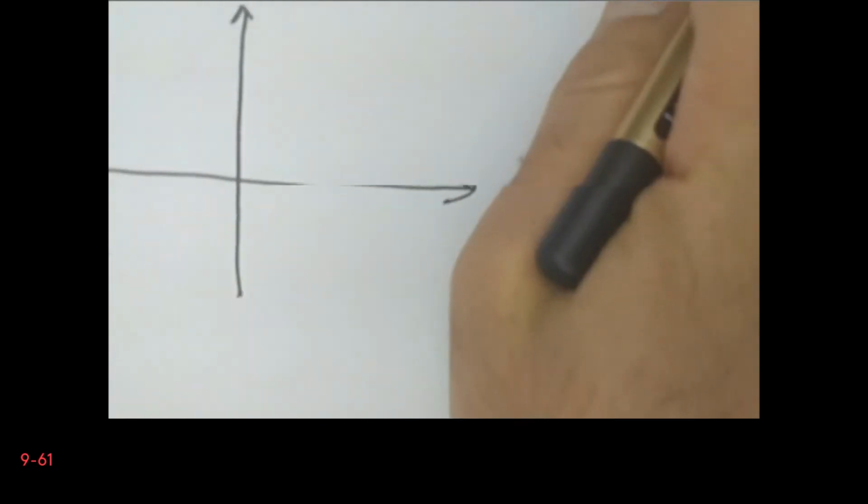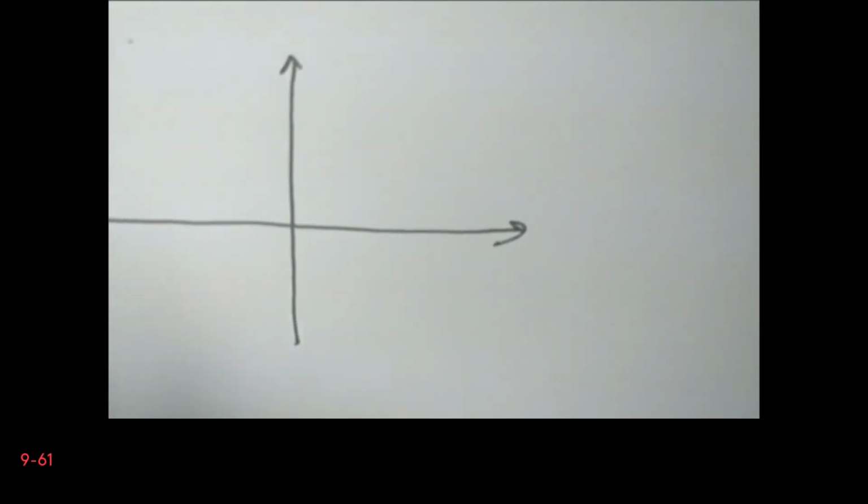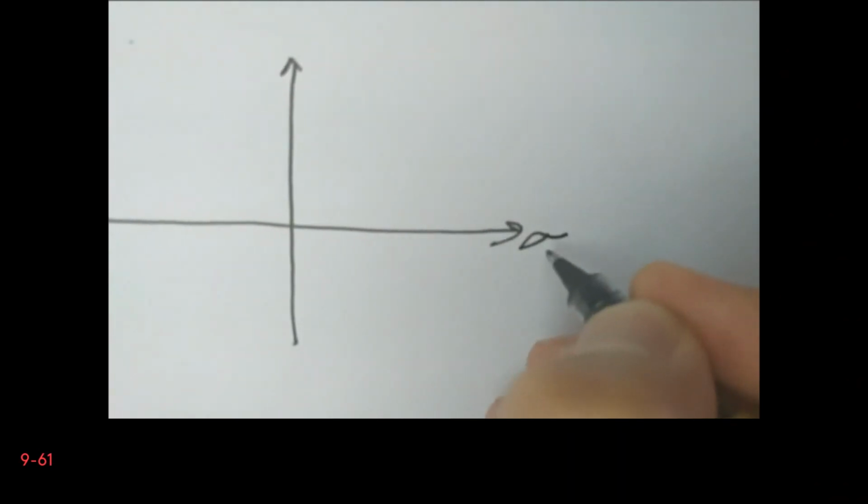Now what we do in the Mohr circle is we first draw our stress space.